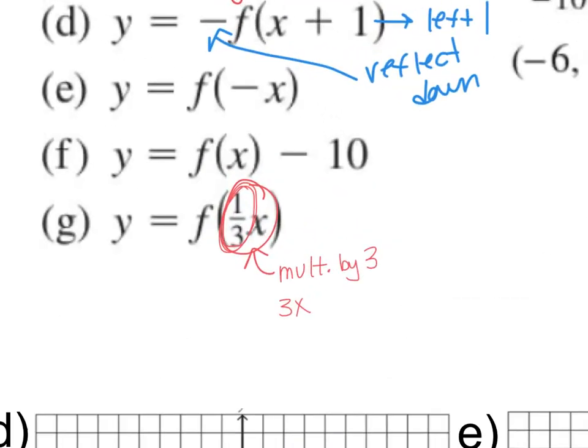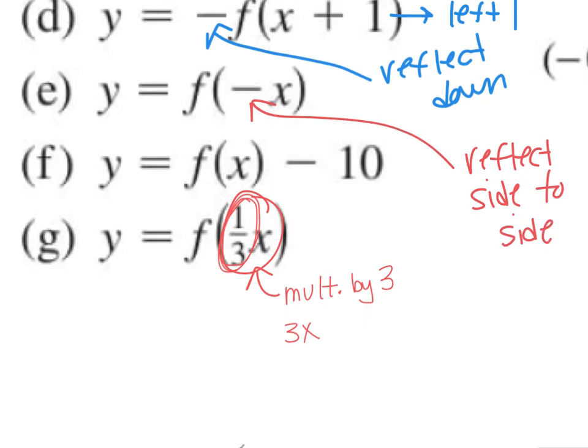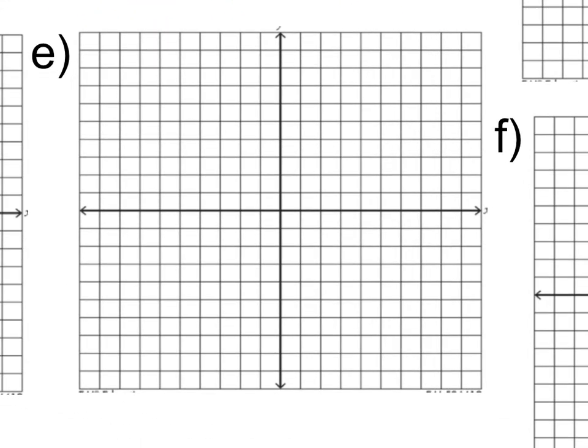Couple more, letter E. Now letter E, the negative is on the inside. So remember, on the inside is when we reflect side to side. So if we do that, here's the original. I'm just going to graph the original for letter E. And there's our original.